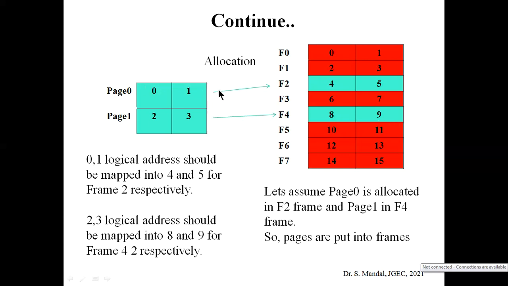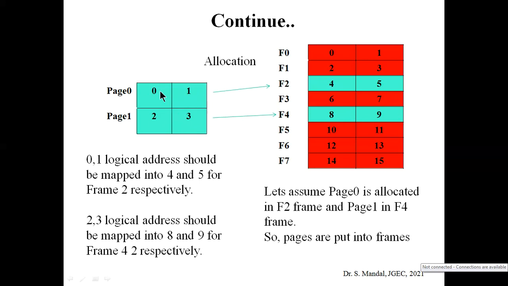So here the interesting fact is that 0, 1, 2, 3 basically denote the logical addresses, and 4, 5, 8, 9 basically denote the physical addresses. So obviously 0, 1, 2, 3 should be mapped into 4, 5 and 8, 9 respectively.